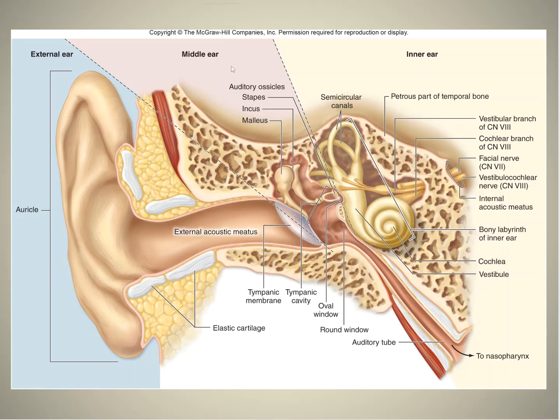Here's a cross section through our ears, and here's the outer ear, the external ear, the auricle or pinna. The external auditory meatus is what your ear canal is called, and then the tympanic membrane right here.